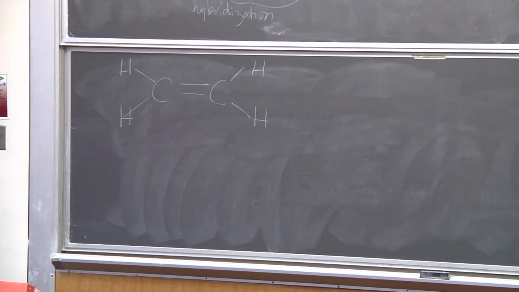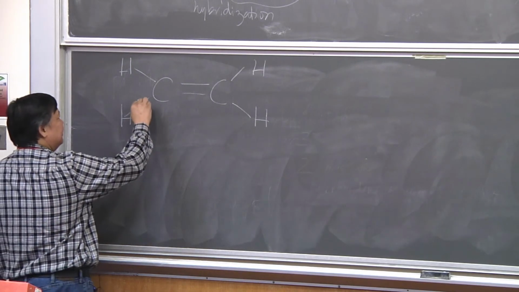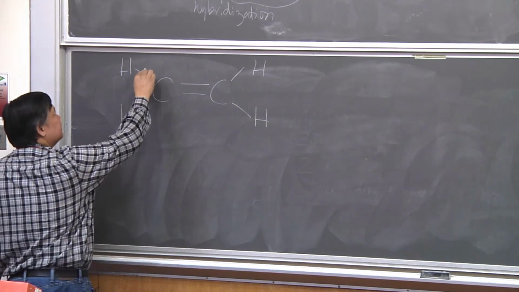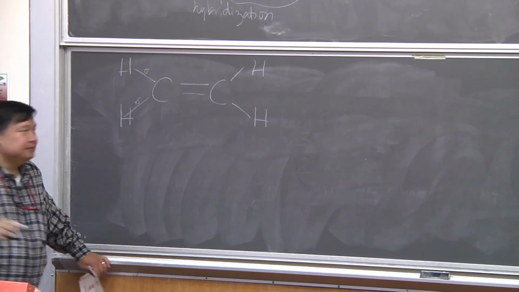Okay. Let's draw it for this molecule. So once again, how many sigma bonds do I have in this structure? I have a sigma here, and a sigma here, because remember, all single bonds are sigma.